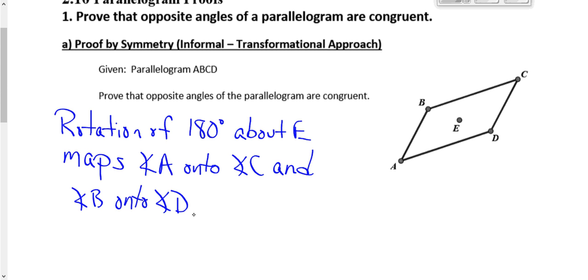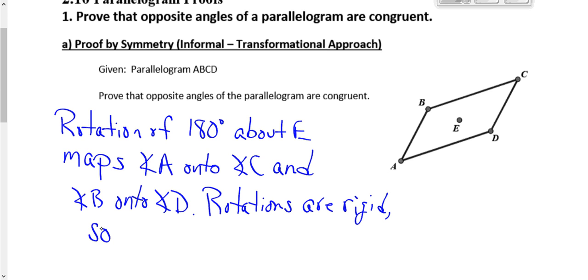So rotations are rigid, so what can we say about this mapping? About those angles? Angle A is what?